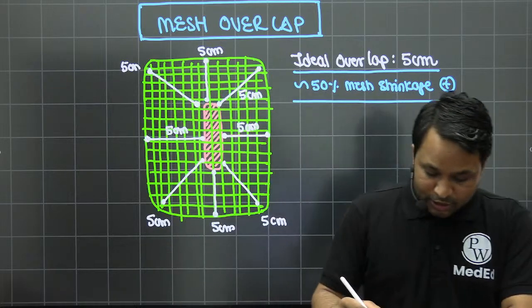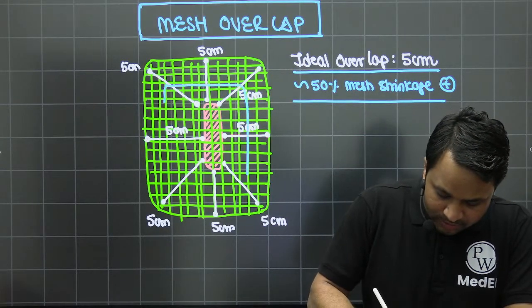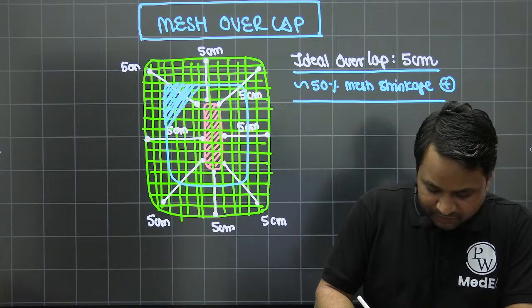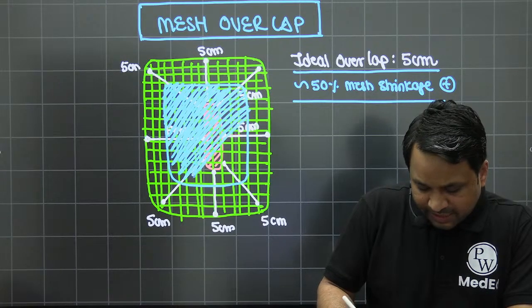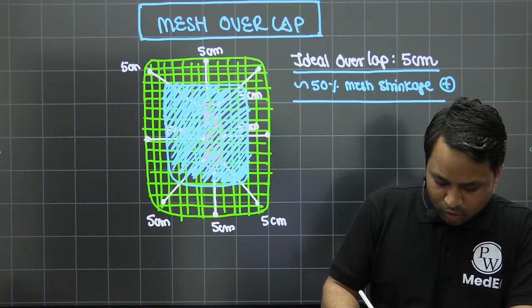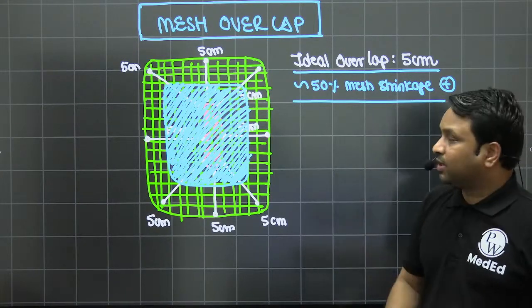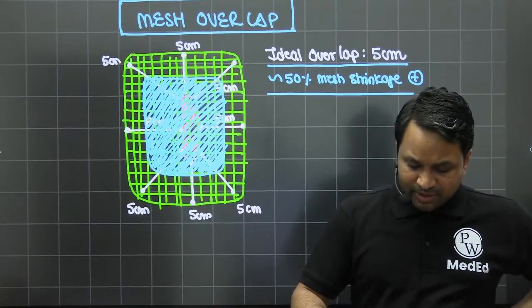So when it shrinks by 50%, it is going to come down to this area. It should still have a good amount of overlap. Even if it shrinks by 50%, I am able to cover at least 2.5 centimeters all around. This is considered a good overlap. That is why the ideal overlap is 5 centimeters.